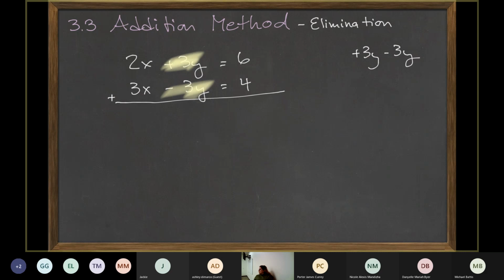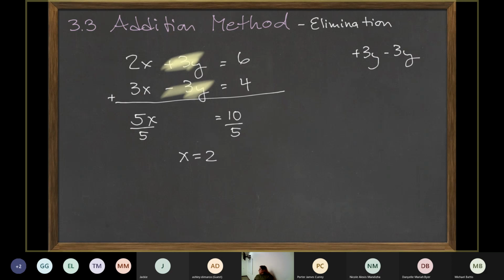Now I'm just going to add those two equations up. Why can I do that? Because one of them is eliminated. So 2x plus 3x is 5x. The y's are gone, and that is equal to 10. How easy was that? Now you can solve for x, divide by 5, and x is equal to 2.